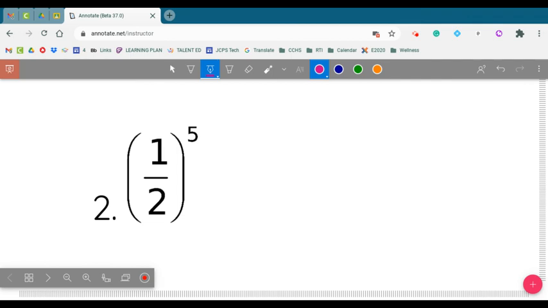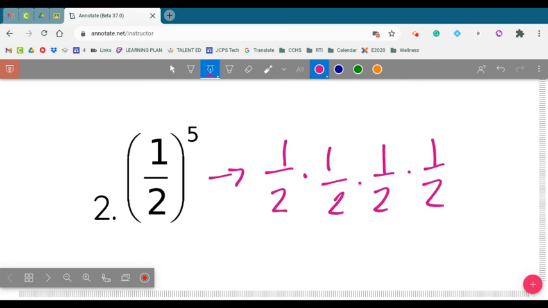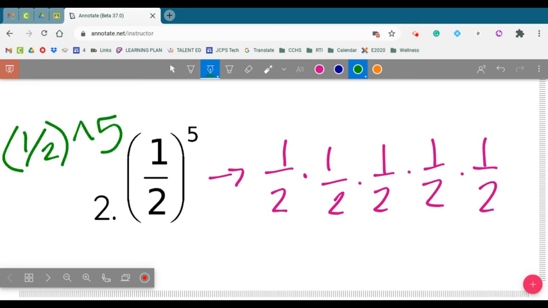The next one, I have 1/2 to the 5th. So that means I have 1/2 multiplied 5 times. So I have 1/2 times 1/2 times 1/2 times 1/2 times 1/2. So you can put it in your calculator. You could do parentheses, 1 divided by 2, and then you do the caret, and then you do 5.